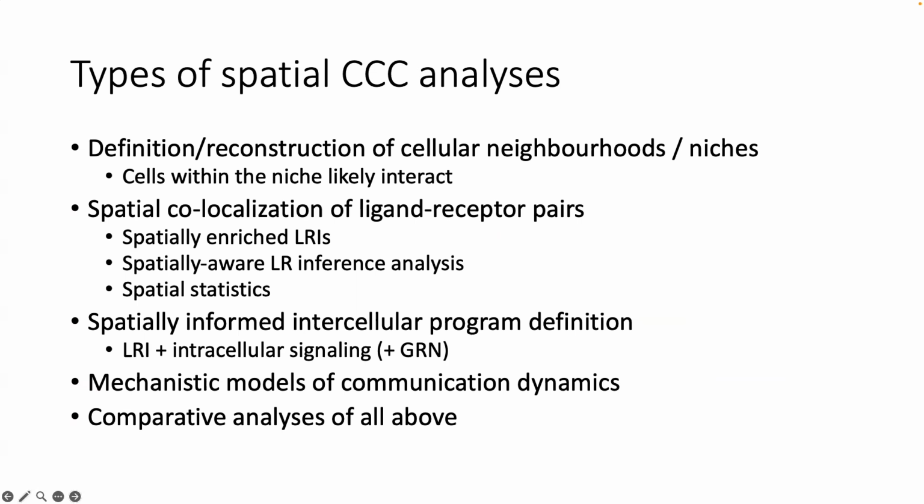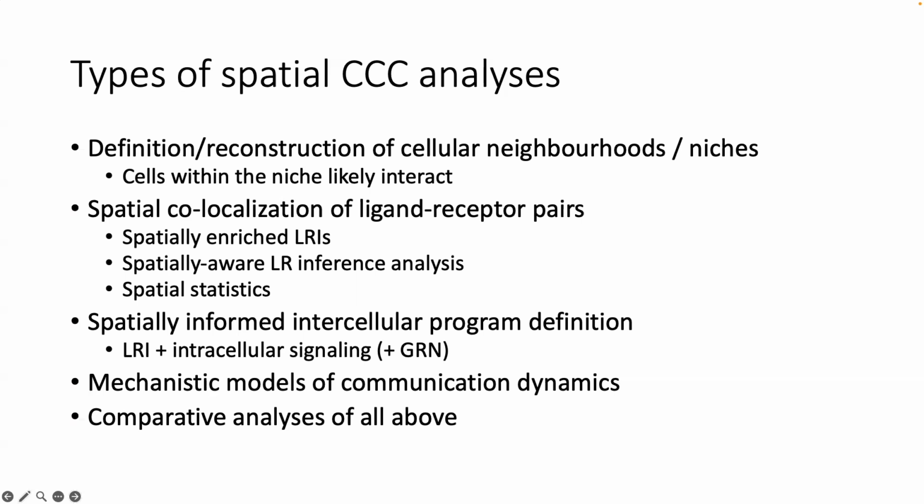But in some cases, that can already be a very crude way of modeling cell interactions. You can have ligand receptor pairs that are ranked by, for example, any of the methods we've seen. And you can now combine that with spatial information to look at which ligand receptor interactions are spatially enriched. For example, you can do all the statistics that Mark described yesterday on ligand receptor interactions and see which ones actually colocalize, okay?